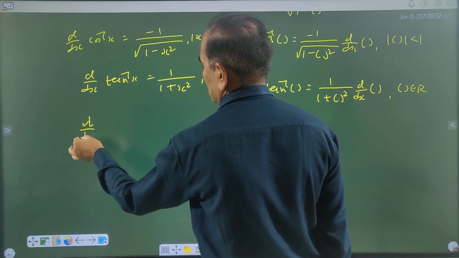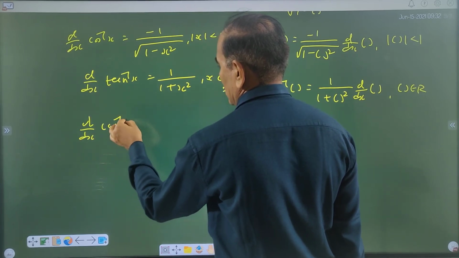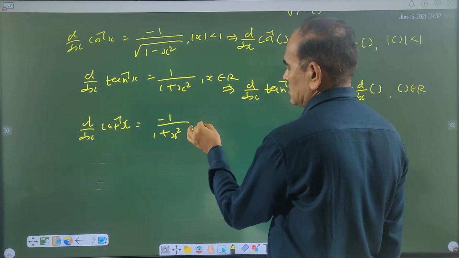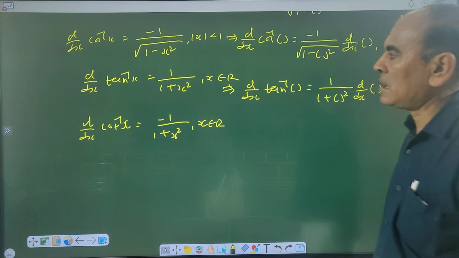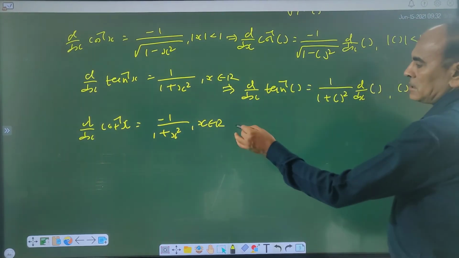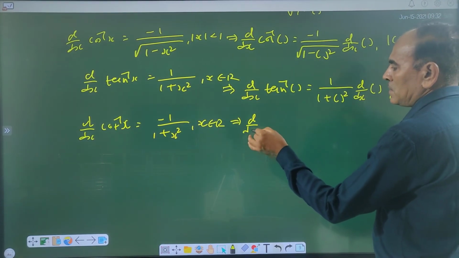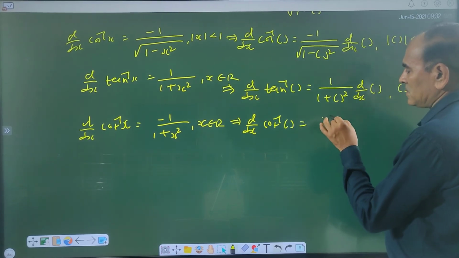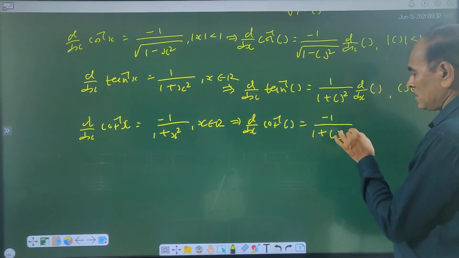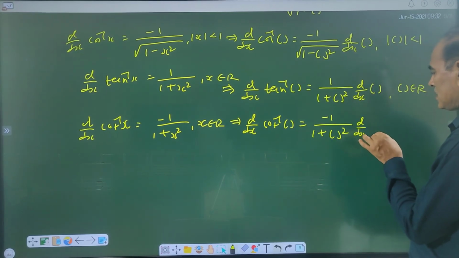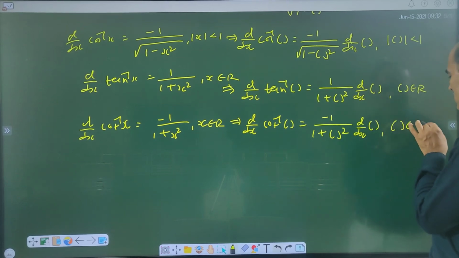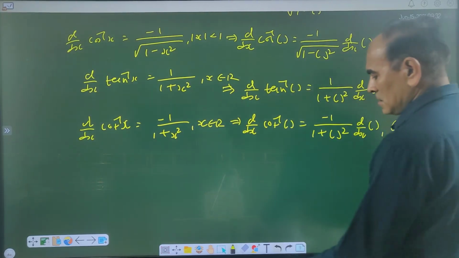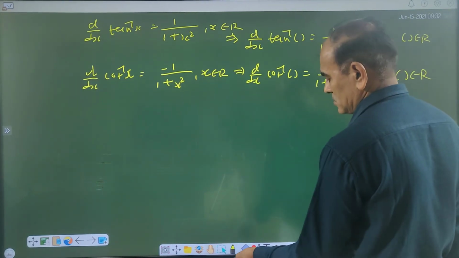Next, d by dx of cot inverse x is minus 1 upon 1 plus x square, x belongs to R. How are we going to remember it? d by dx of cot inverse of some function is minus 1 upon 1 plus some function square, into d by dx of the function, where the function belongs to R. Then the remaining two forms.